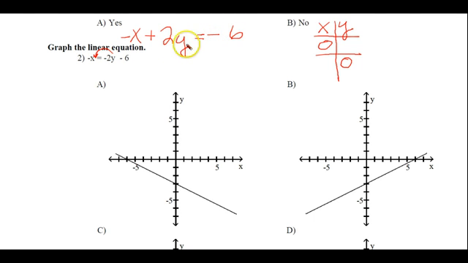You're going to divide both sides by 2, so you get y is a negative 3. Now, if y is 0, you have a negative x equals a negative 6. Divide both sides by a negative 1, and you get x equals 6.